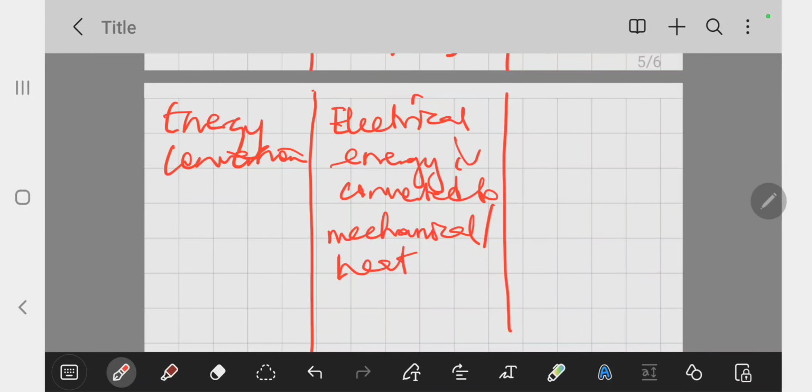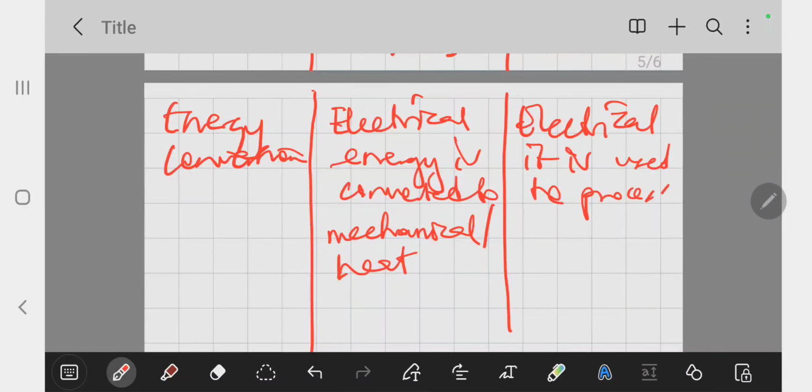But in an electronic circuit, the electrical energy is not converted to anything, but it is used to process signals.